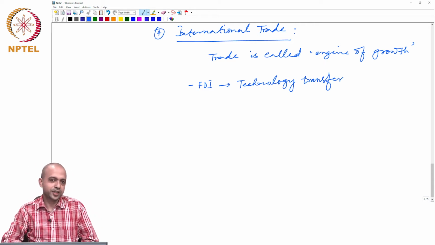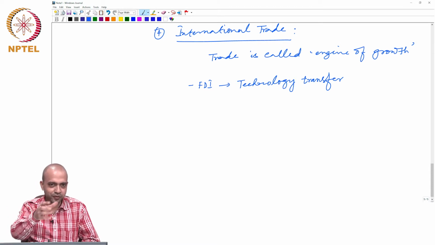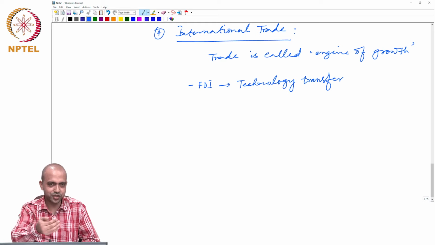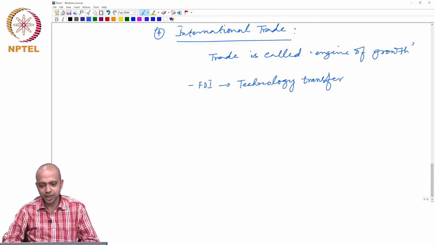Technology transfer. That means the developed nations will invest in the developing economies through this FDI, and when they come to invest in developing economies, they will also bring with them advanced cleaner technologies.